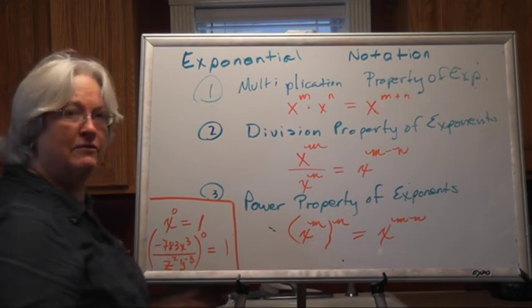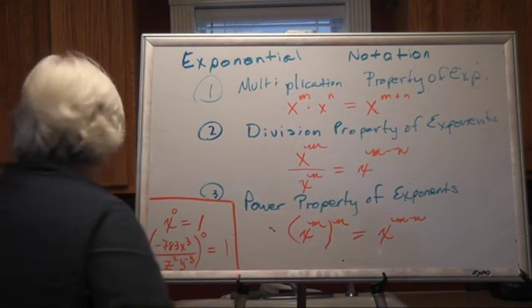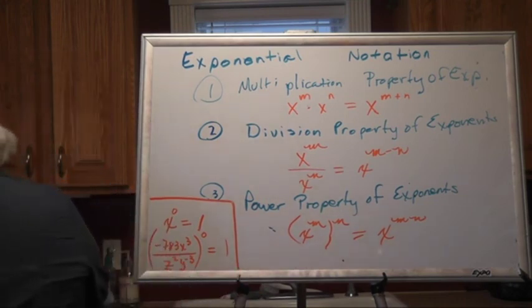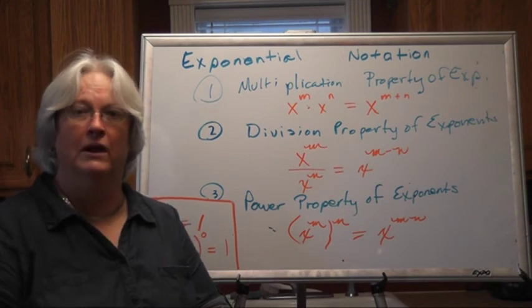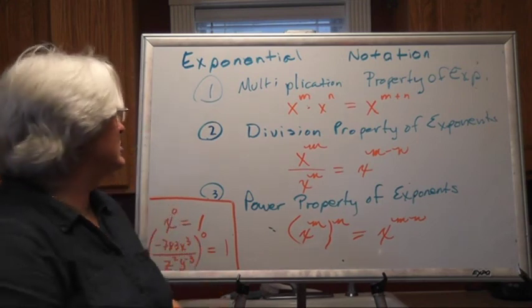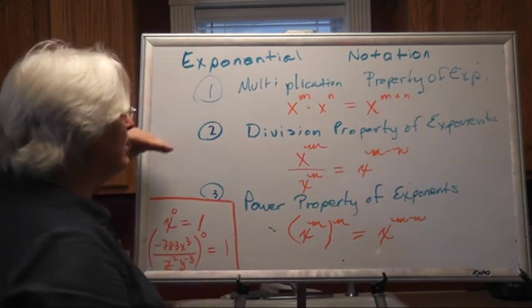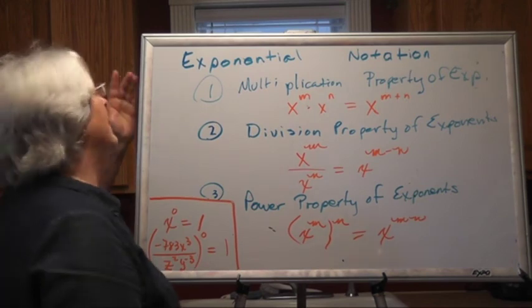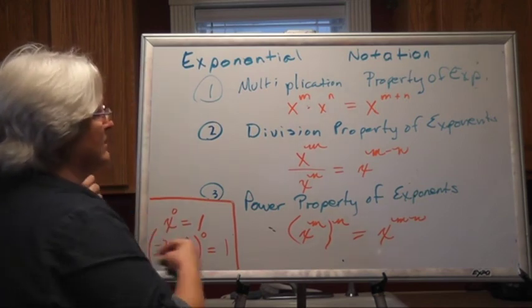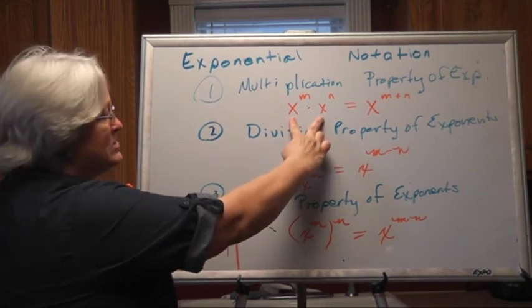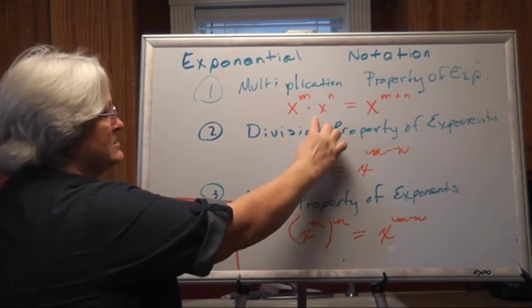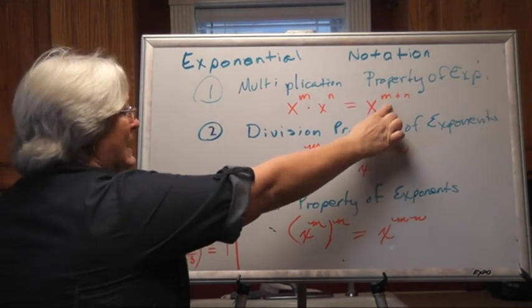So chew on those definitions, work on some problems, and you will find out that there's really nothing to be afraid of with exponential expressions at all. But I cannot emphasize enough how essential it is that you understand that if you're multiplying expressions together that have the same base, you keep the base and you add the exponents.